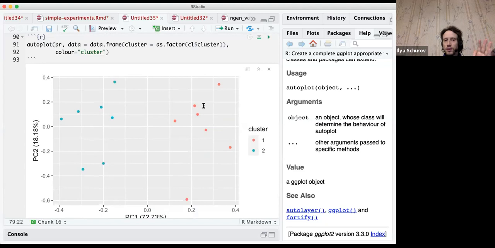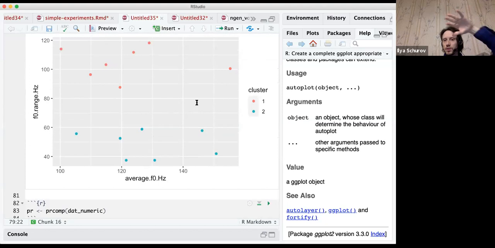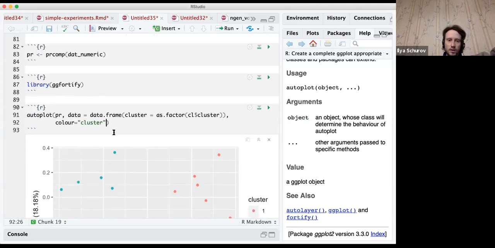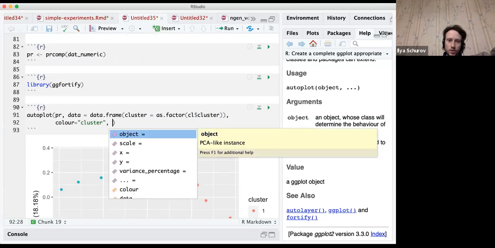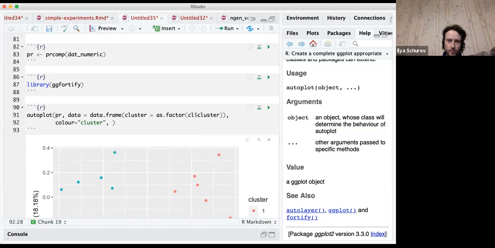So this picture actually can be a rotated version of this picture, or maybe in some ways a rescaled version. Basically, let us add initial coordinates, loadings, to see how it works.